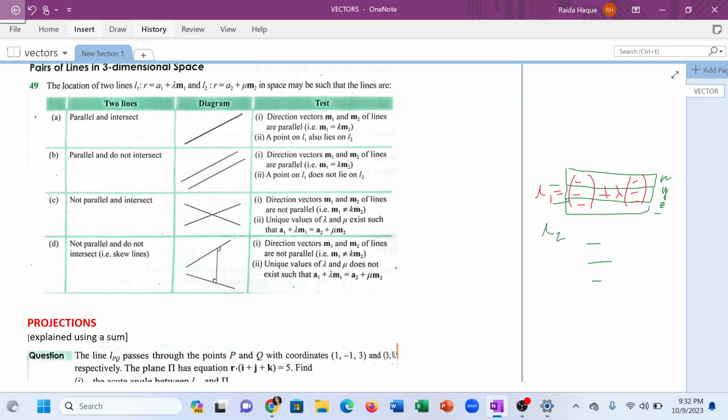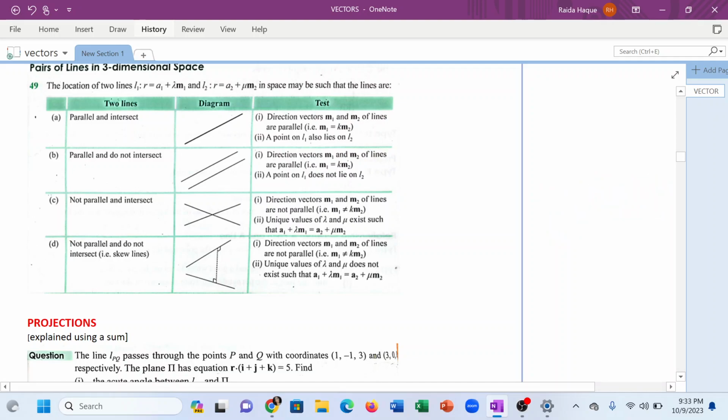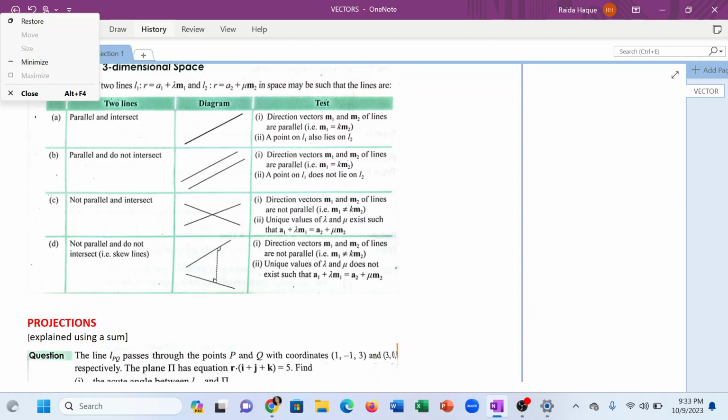If you solve them simultaneously and the values you get of lambda and mu are equal from both sets of simultaneous equations, then unique values of lambda and mu exist, such that a1 plus lambda m1 and a2 plus mu m2 are equal. So in that case, they are not parallel and they intersect.